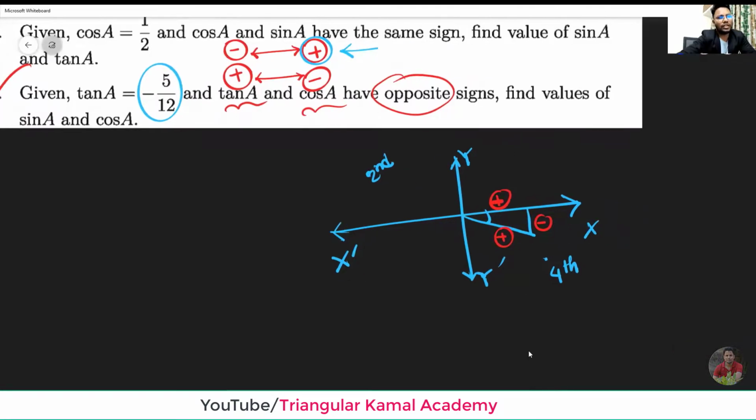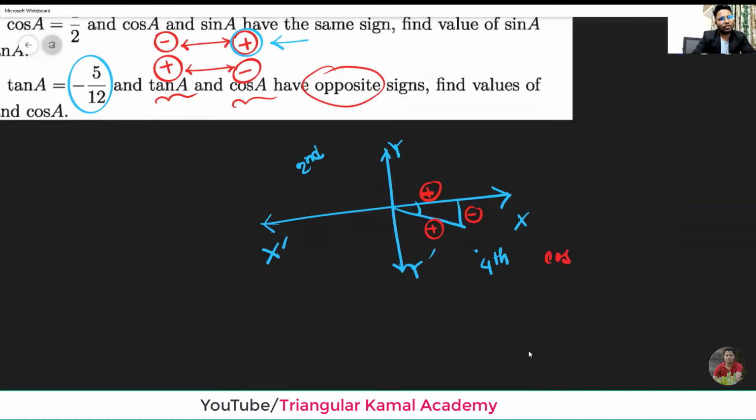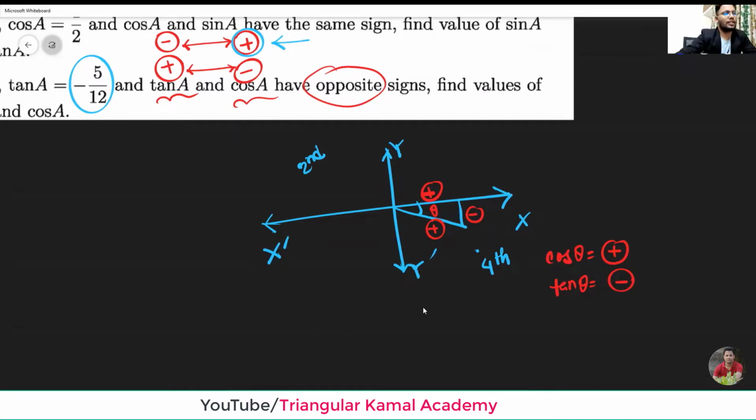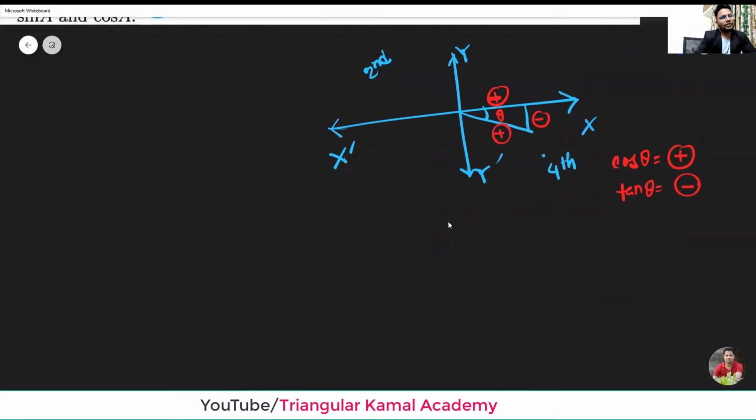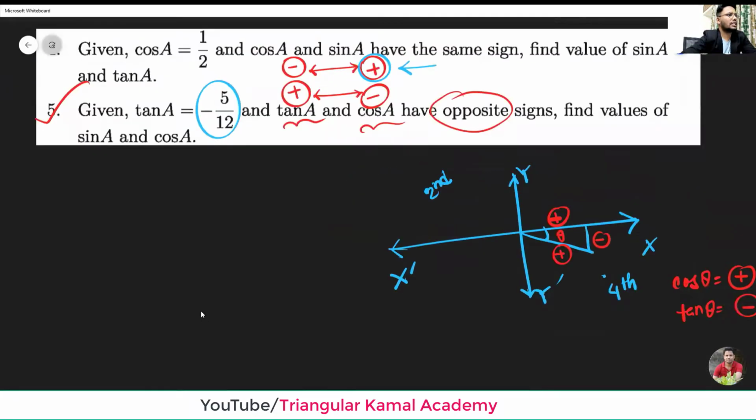So in the fourth quadrant, if we mention this angle theta, cos theta is adjacent by hypotenuse, which is positive, and tan theta is opposite by adjacent, which is negative. That means in the fourth quadrant, cos theta and tan theta have opposite signs, and tan is negative, so cos should be positive here. Now if we draw the figure, exactly this angle is given here as A.